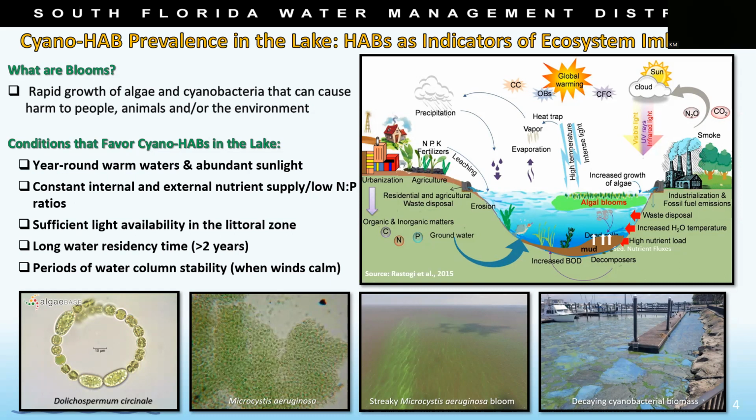And that is actually different from the central part of the lake, where we have those unconsolidated sediments that can be disturbed easily by even weak winds. And when that happens, that creates turbidity, and turbidity inhibits the growth of cyanobacteria in that central part of the lake. But the littoral zone is a completely different story.